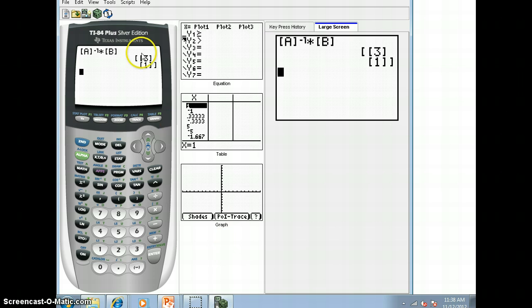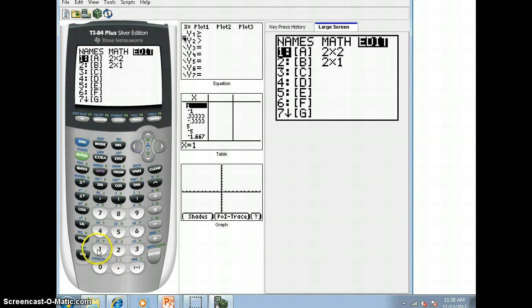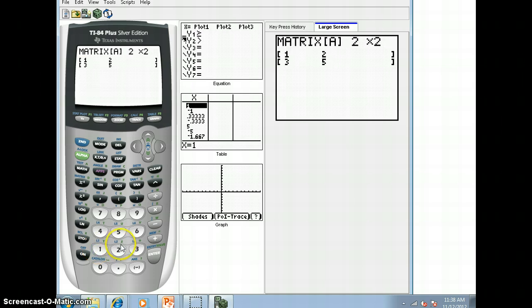So I want to do this. To my graphing calculator, go into my matrices, edit matrix A. Okay, so matrix A is going to be a 2 by 2 matrix, so that's okay. And then I enter my numbers, 5, 3, 3, and 2.